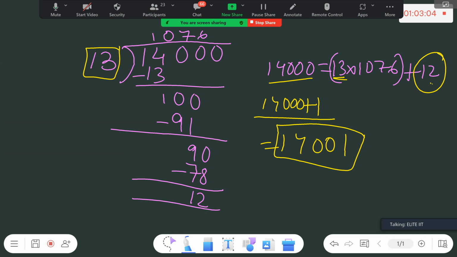So this is your smallest 5-digit number beginning with 14 which is divisible by 13. Here, you just have to see how much you have to increase or decrease so that the remainder goes to 0 or it goes to the divisor itself. Clear? Is it clear? Question?